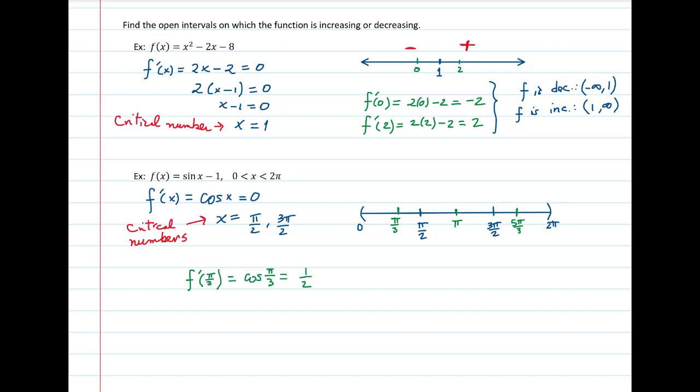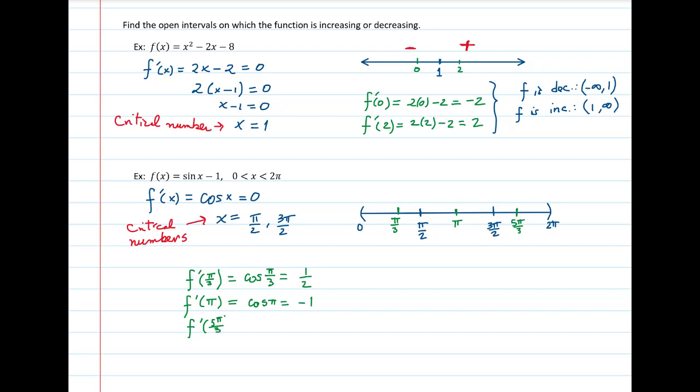All right, so evaluating pi thirds in our first derivative, we get cosine of pi thirds, which is just 1/2. It's positive. So let's figure out the other two, and then we'll indicate that on our number line. f prime of pi is equal to cosine of pi, which equals -1, negative.